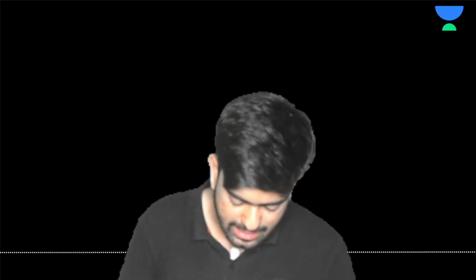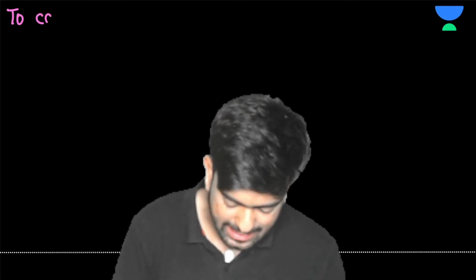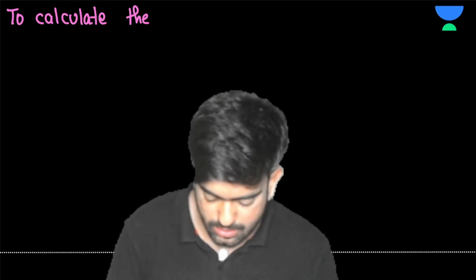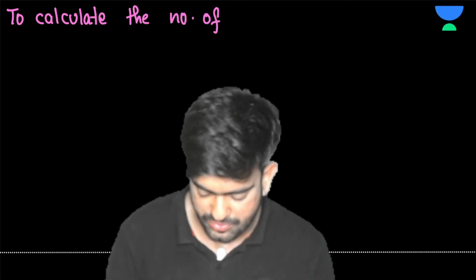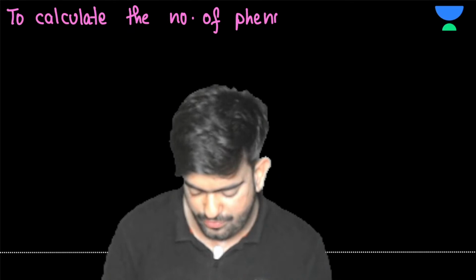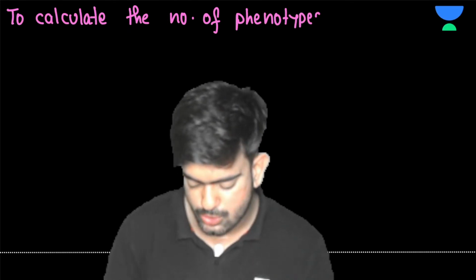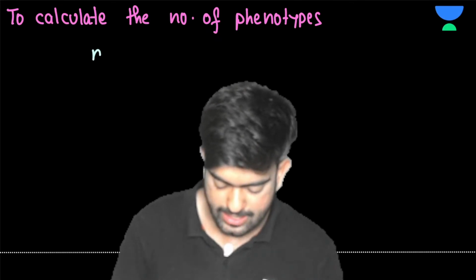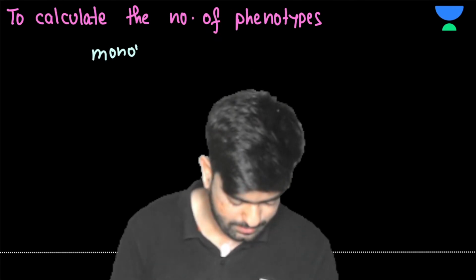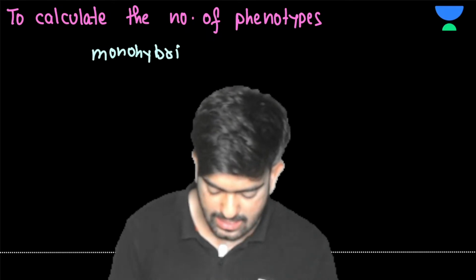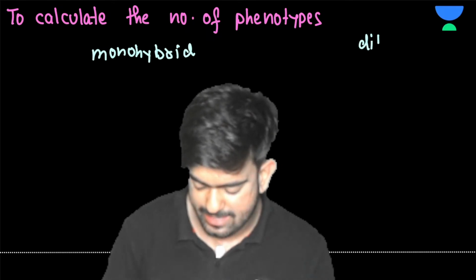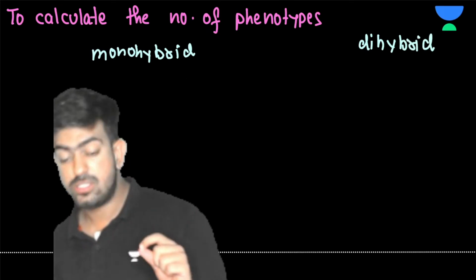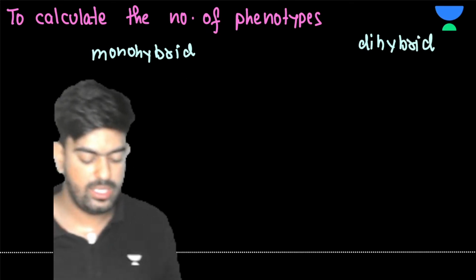So to calculate the number of phenotypes, first let's talk about the monohybrid, and second, let's talk about the dihybrid.